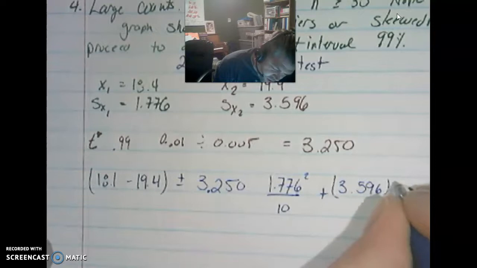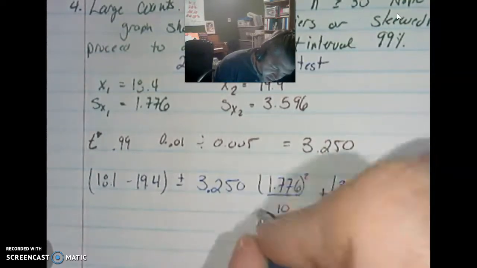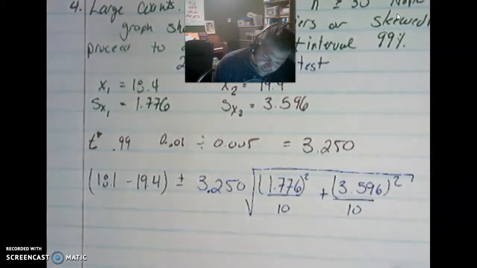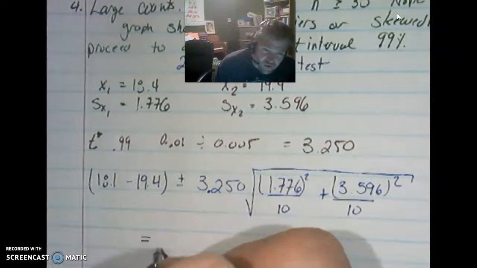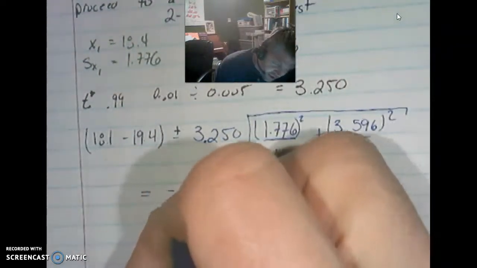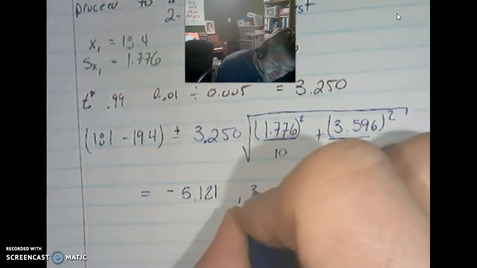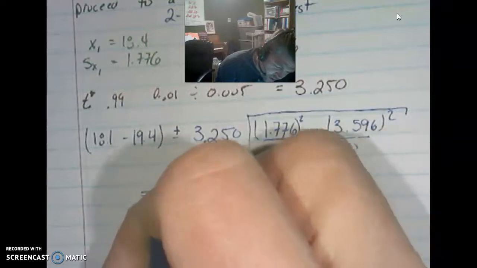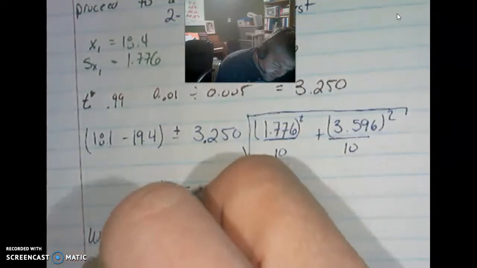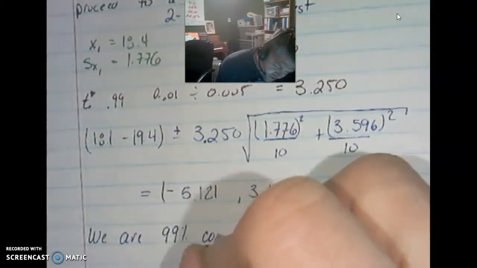I'm going to square both of those, divide by 10, and then take the square root. Okay? So if you do this correctly in your calculator, you should get negative 5.121 to 3.121.